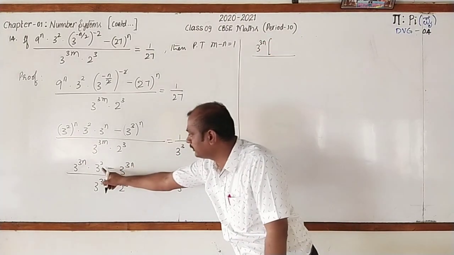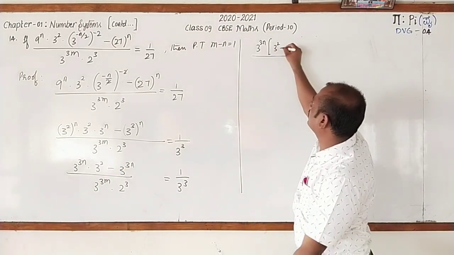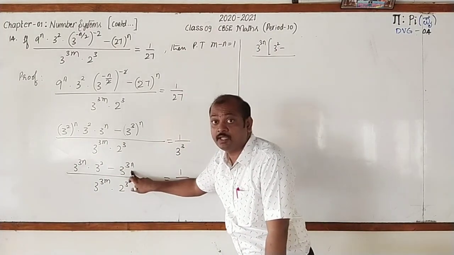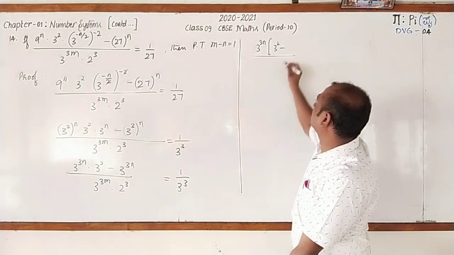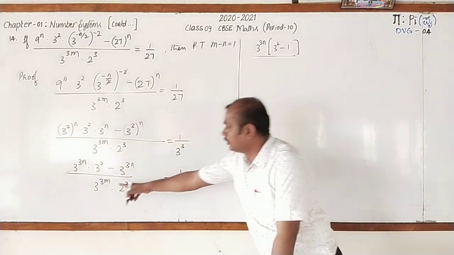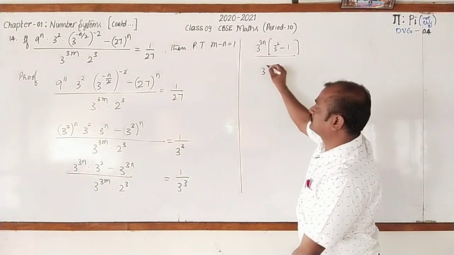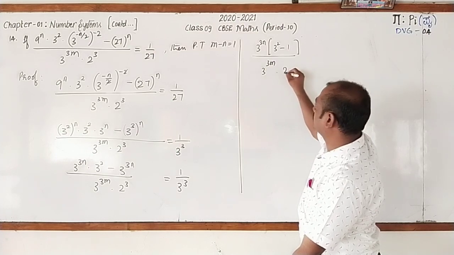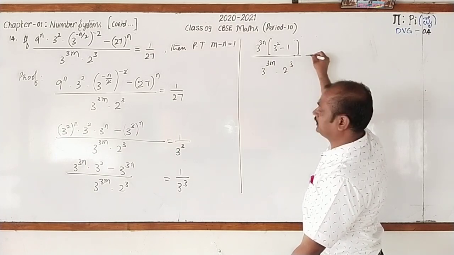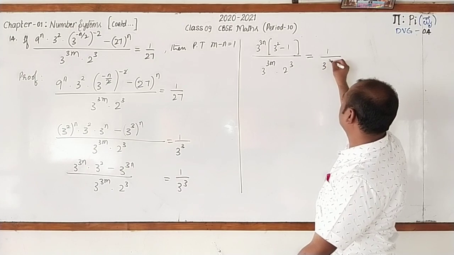Into what will remain? 3 square will remain, minus 3 raised to the power 3n is taken as common factor. 1 will remain. Whole divided by 3 raised to the power 3m into 2 cube. It is equal to 1 by 3 cube.